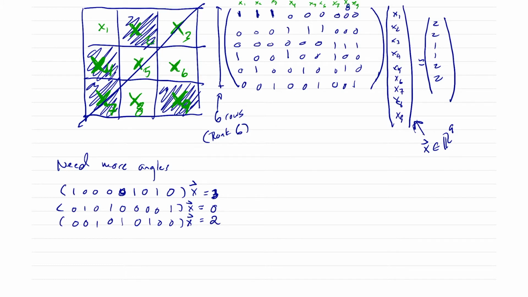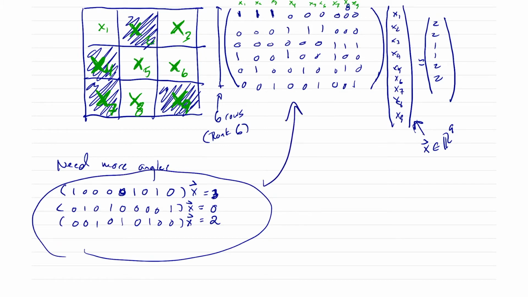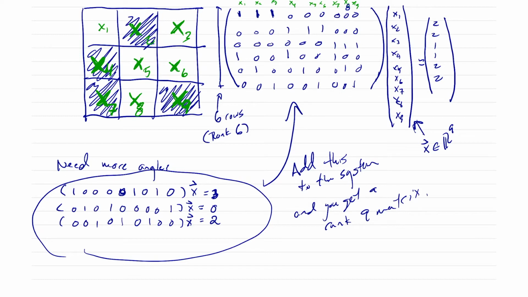Okay. So now all of these columns are actually linearly independent. And so if you add this to the system, you get a rank 9 matrix. You can solve for x.